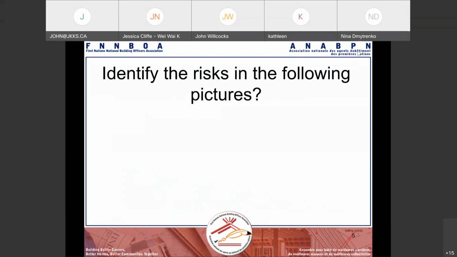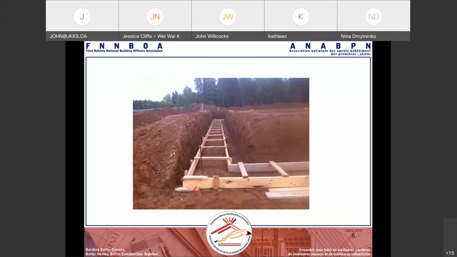So what I want to do is look at the following pictures to see how risk would be associated. In this first picture, we have footings being laid. Some of the risks would be, one, there's no fencing around that I could see.